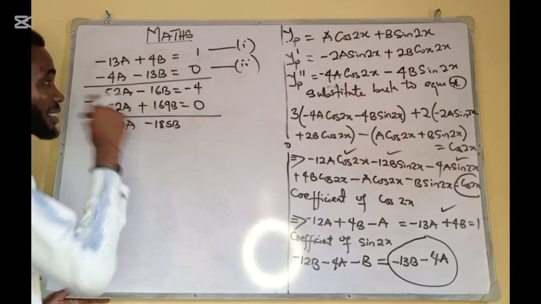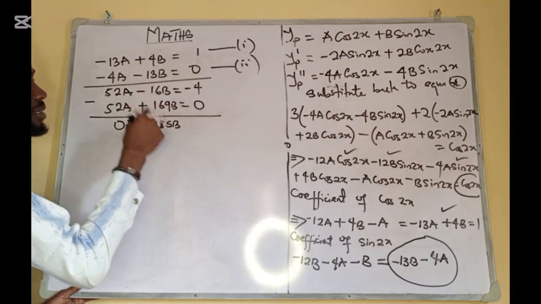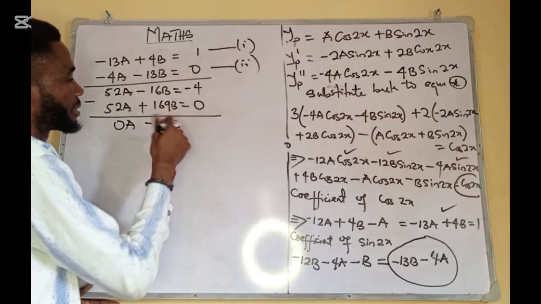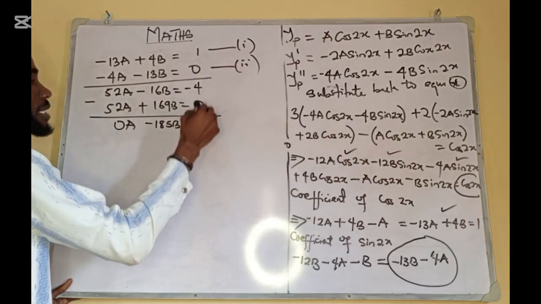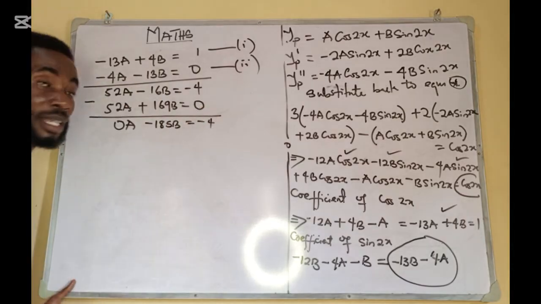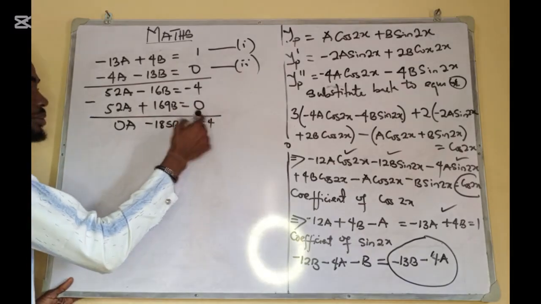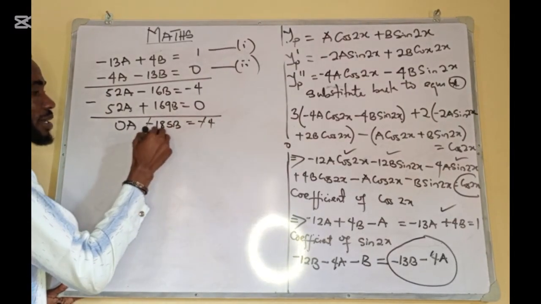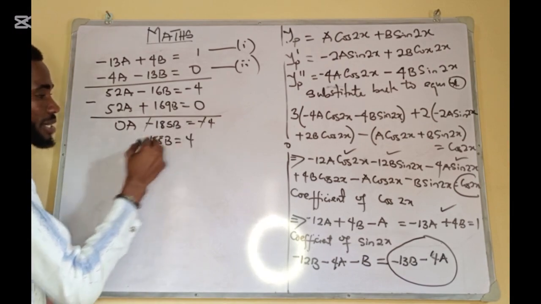Yes, 185. What do we have here? Minus 4. Is that clear? Are we making sense? Good. So this could cancel this, right? So I have 185b equals 4. To get b, I can deduce here.